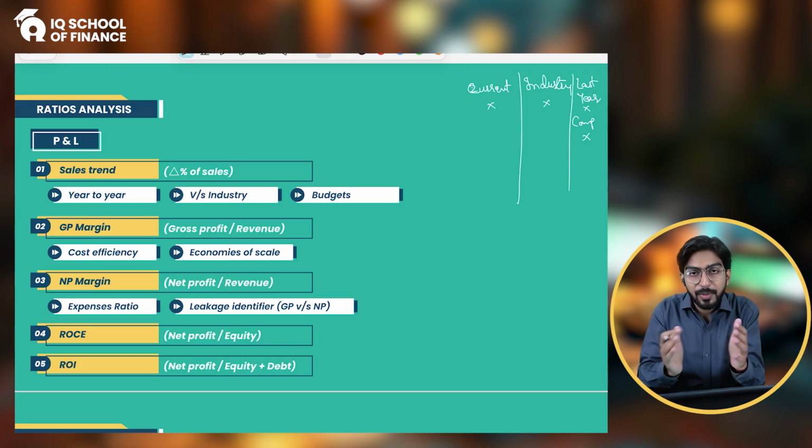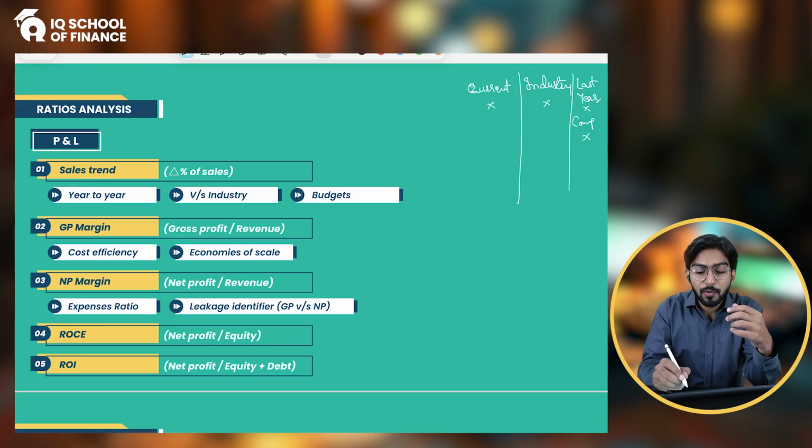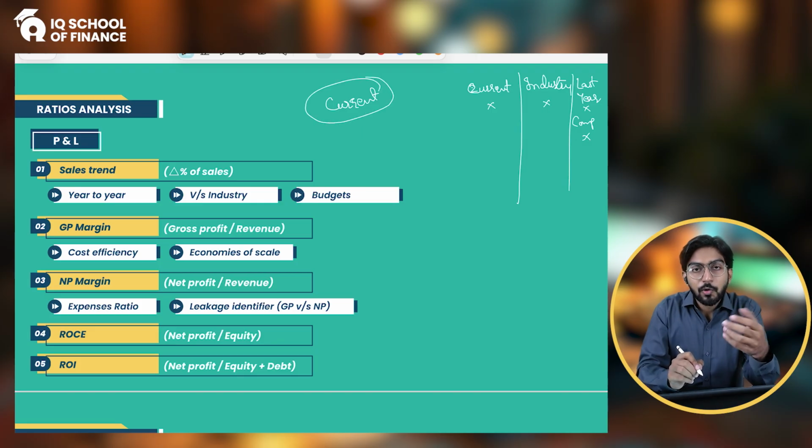That you have to compare the ratios from your previous year performance, or maybe with the industry, or maybe with the competitor. Or the other kind of scenario is that you would be given the information of only your current year, and you would be required to assess the performance and the reasons behind any ratio being high or low.